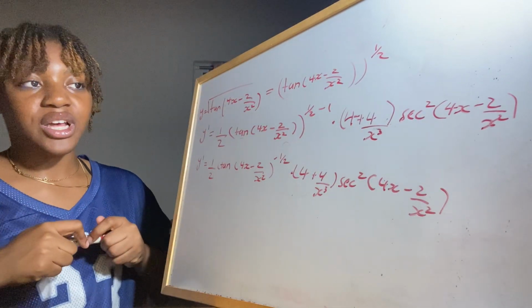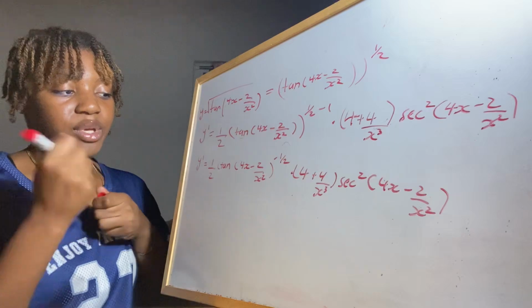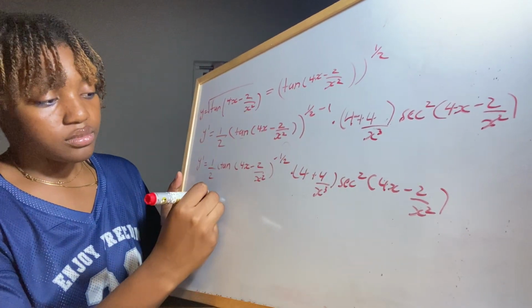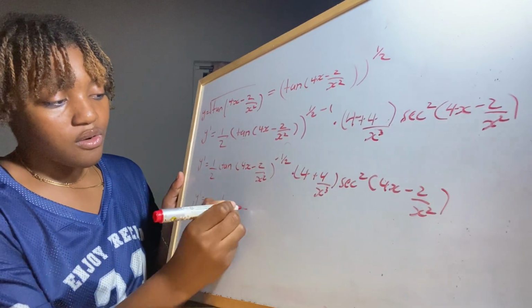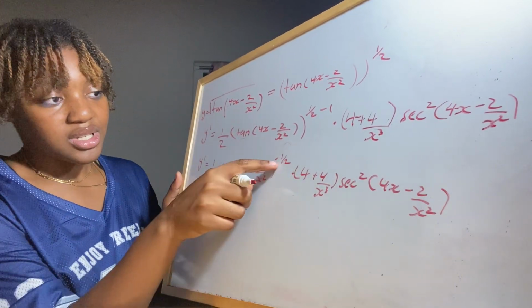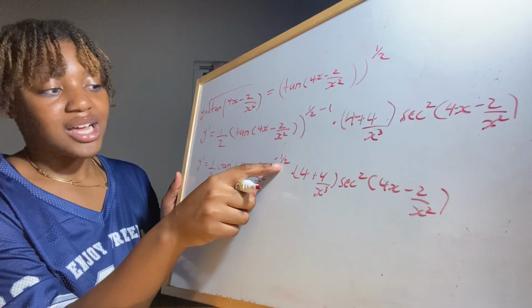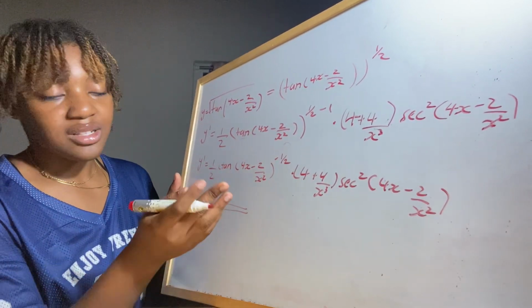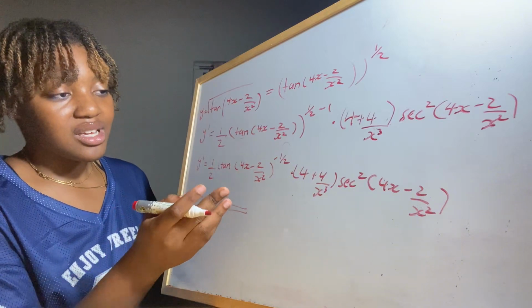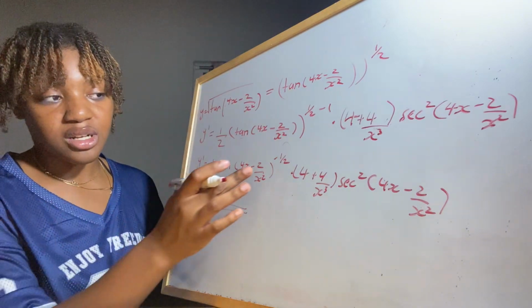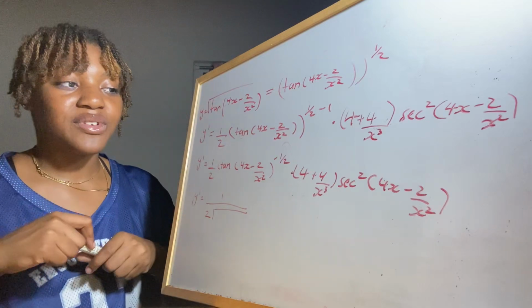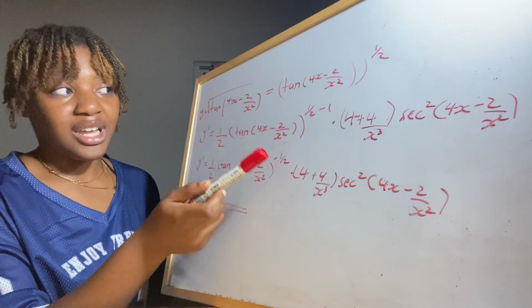And from here you can choose to rewrite this as y' equal to 1 over 2. Since this is to the negative a half, it indicates that the root of the tan statement is in the denominator, because it's negative. Let me repeat myself. The half indicates the square root.